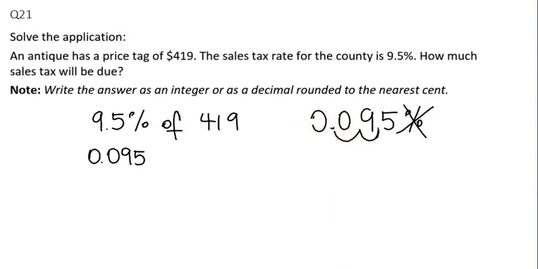Because percent, this symbol here, means that you are dividing this number by 100, to the left. So this is the number that corresponds to this English here. What is the word of means? Multiplication. 419. Can I do any of my tricks here? No, there are no zeros in this number. No tricks. So I have to do my brute force multiplication.